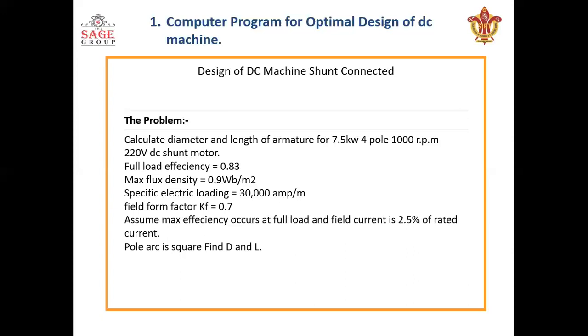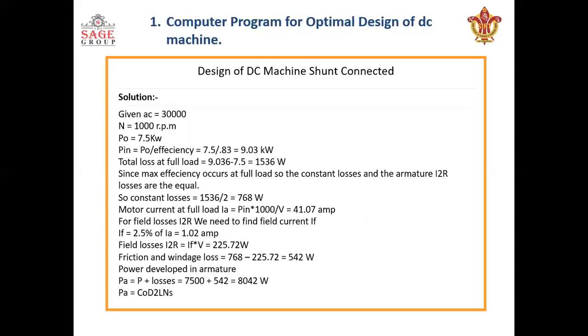Such numericals are to be attempted using the output equation by substituting the given quantities. In order to fit them into the output equation, you are required to calculate the input power of the machine from the output power and also the various types of losses, so that the armature power developed can be calculated, and this power comes out to be 8042 watts.